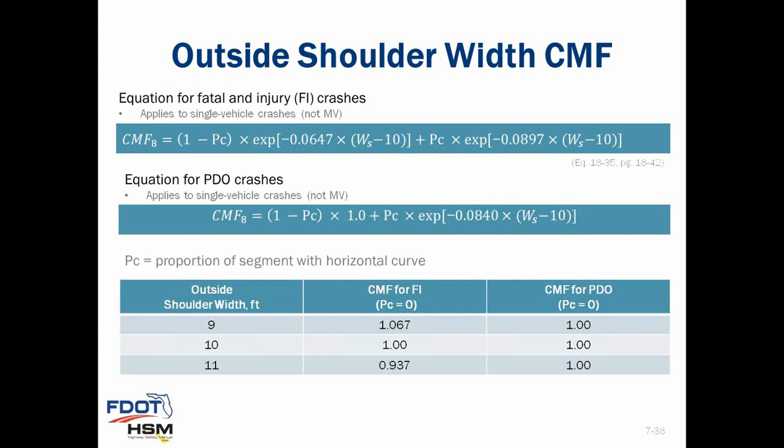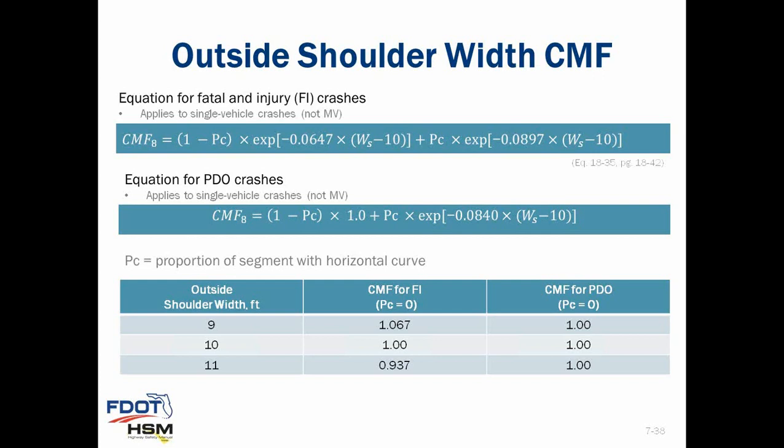The variable W subscript S represents the paved outside shoulder width. The base condition outside shoulder width is 10 feet. Now, I should note that this CMF is only applicable to the prediction of single vehicle crashes. The data that was examined by the researchers did not show an influence of outside shoulder width on multiple vehicle crash frequency.